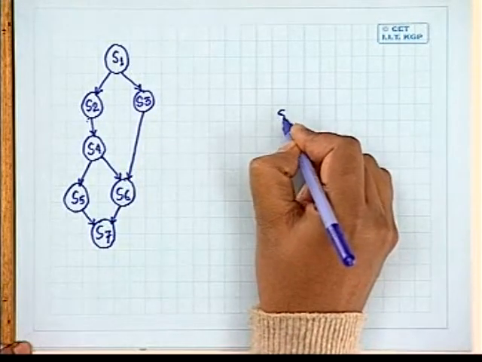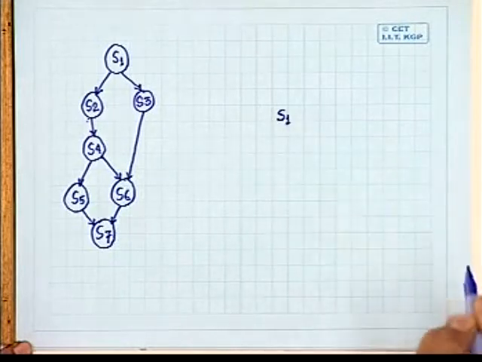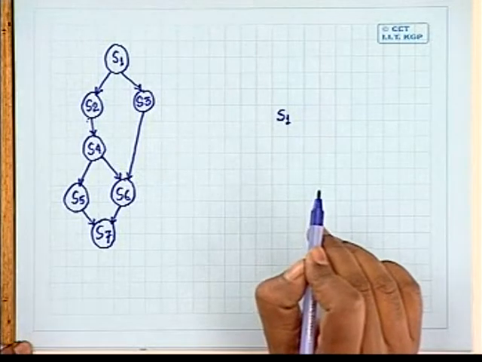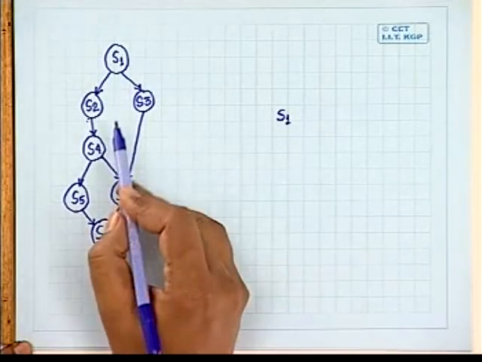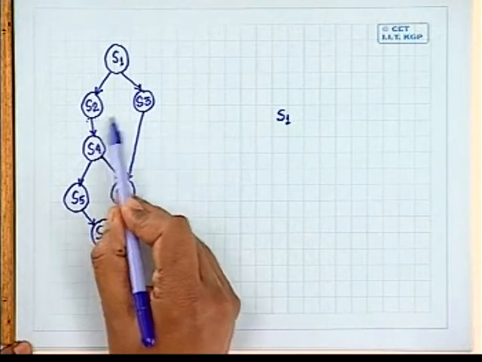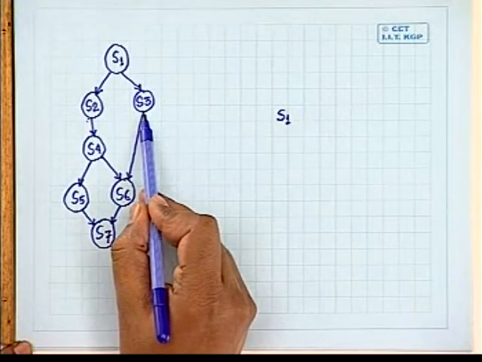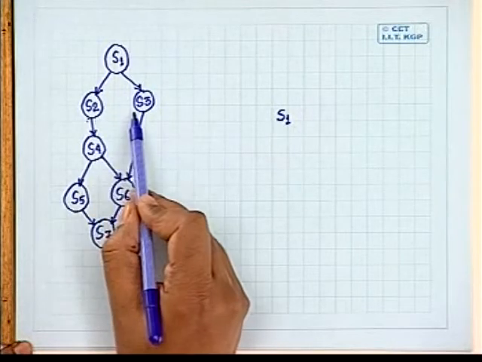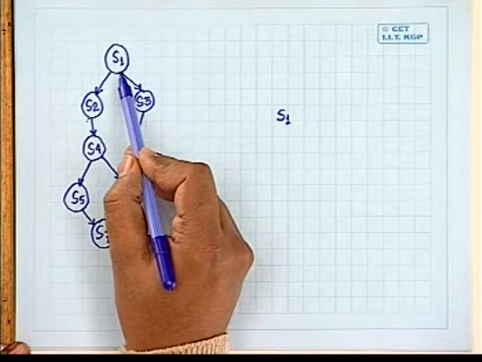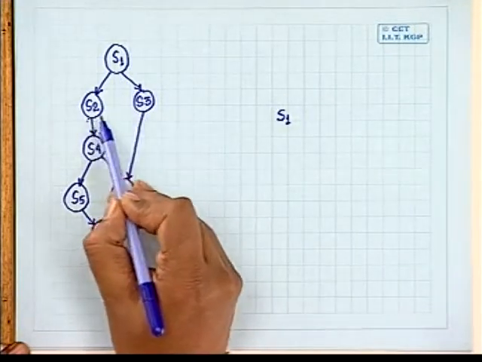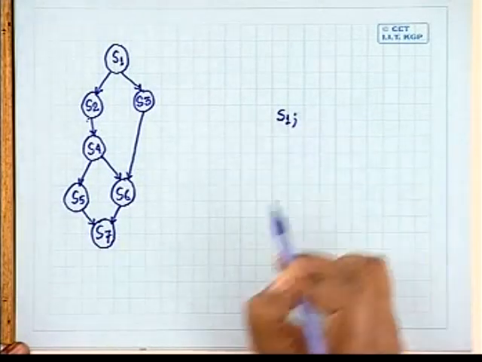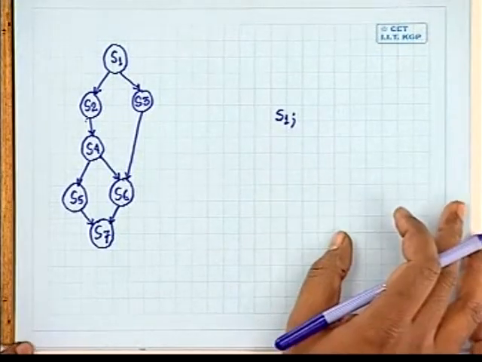So how many processes do I have? For S1, I have one process. So S1 will come under co-begin coend. Okay. What are the processes that depend upon the execution of S1? That is S2 and S3. So these are the two processes which can execute only after completion of execution of statement S1. So I have to incorporate some synchronization, and I incorporate that by making use of the semaphore variables.